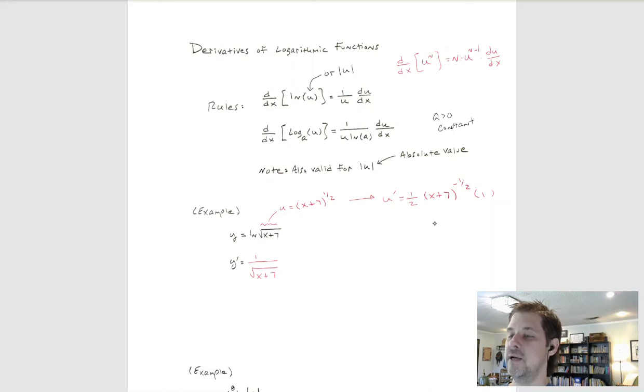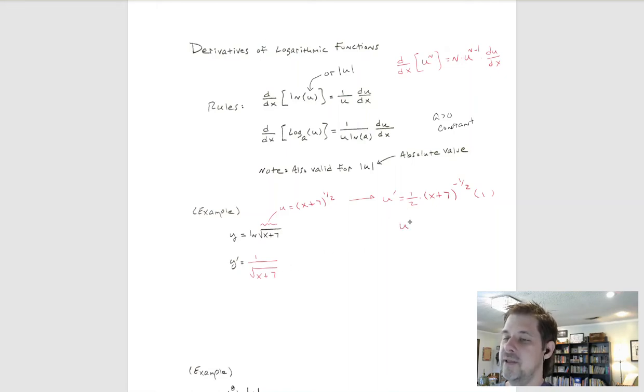So that's all I did right here: I brought the power of 1/2 down to multiply. Then I have x plus 7, and I have to take 1 away from the power. So 1/2 minus 1 is negative 1/2. And then this part is the derivative of the u, the thing that's getting the power. So the derivative of x plus 7 is 1. Okay. So now that would be what goes next in here.